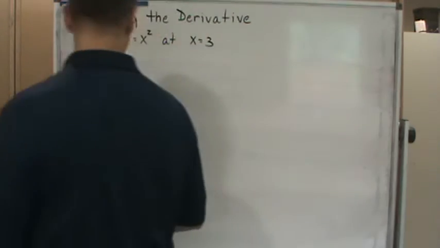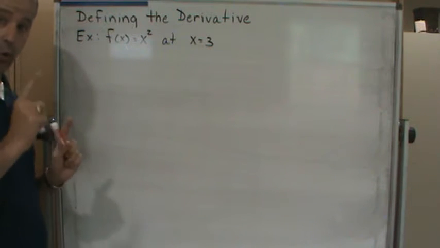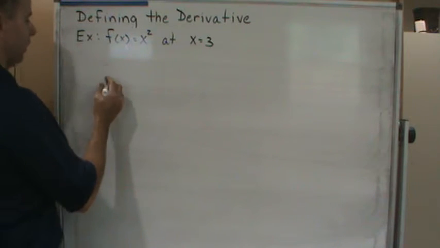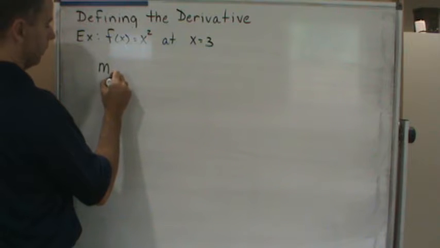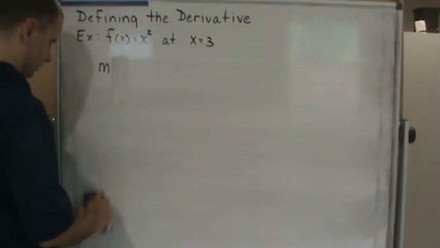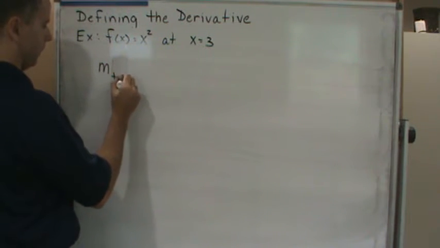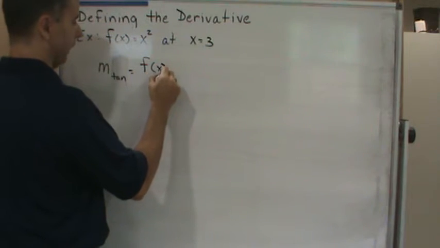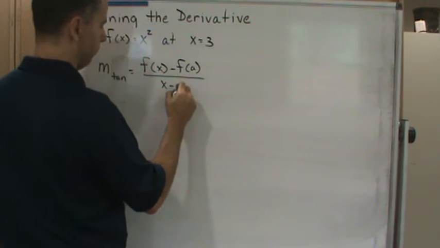So let's do that first. And I'm going to find the slope first. I'm going to use both difference quotients to show you that you get the same answer. Okay, so we'll start with m. So slope of the tangent line equals, so it'll be f of x minus f of a over x minus a.